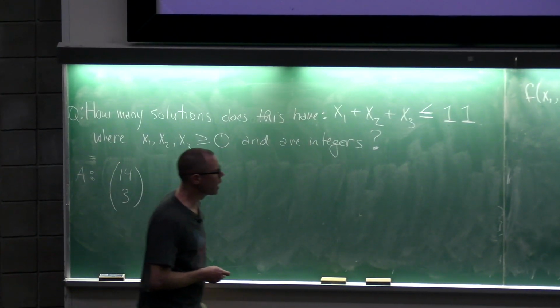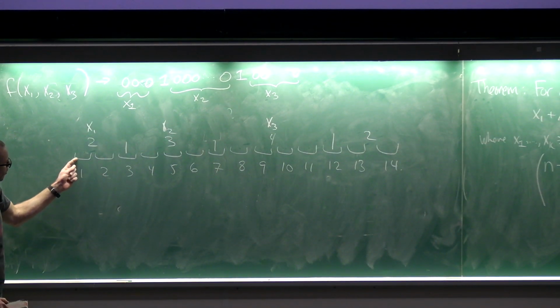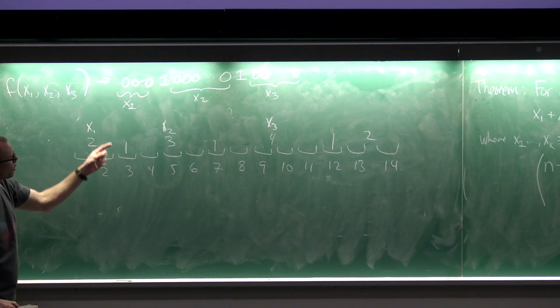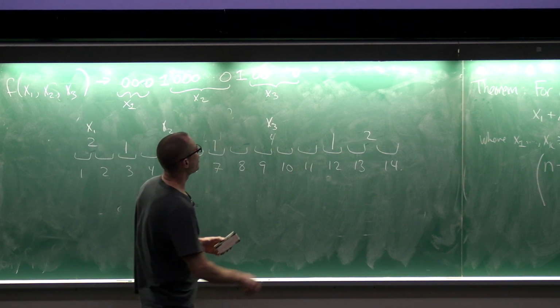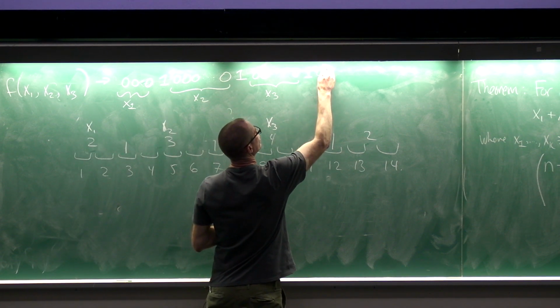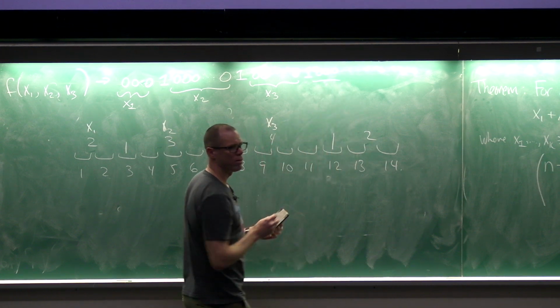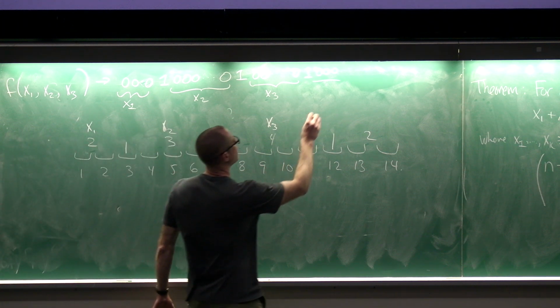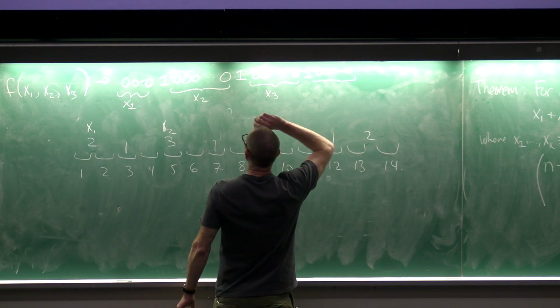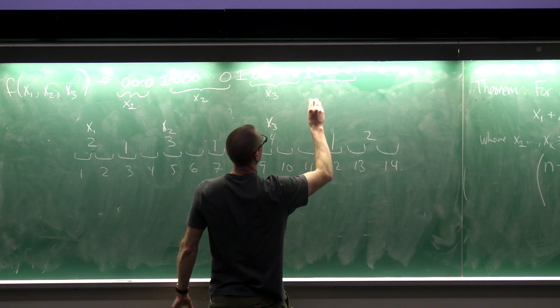Now just check. If you give me x1, x2, x3 that add up to less than 11, I make some zeros, put x1, make some zeros, put x2, make some zeros, put x3, and then put a 1, and then finish off with exactly the right number of zeros to make the whole string of length 14. So this number of zeros here is, what would it be?